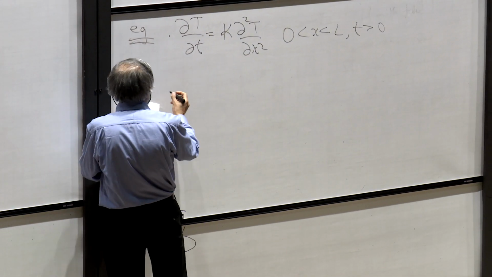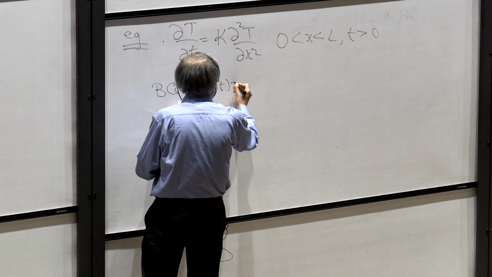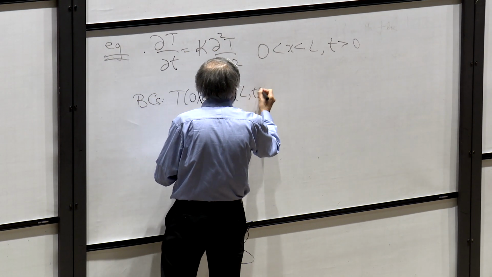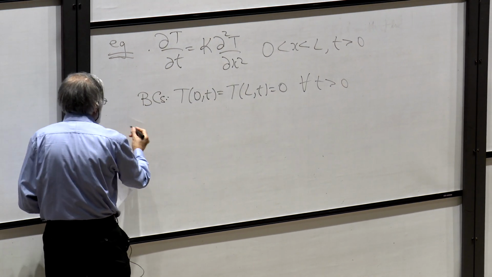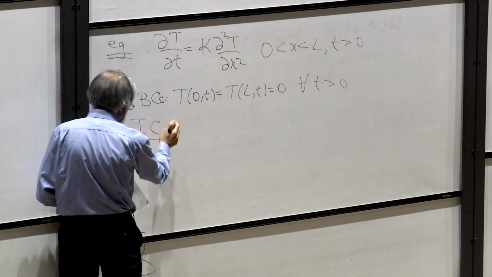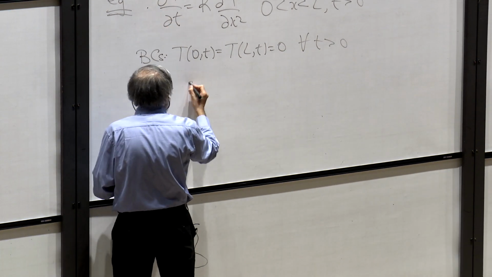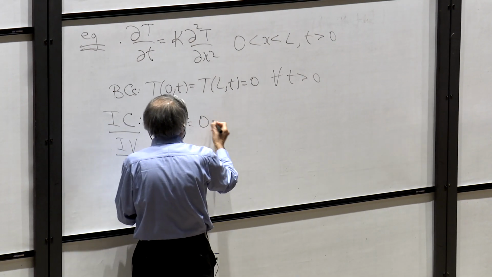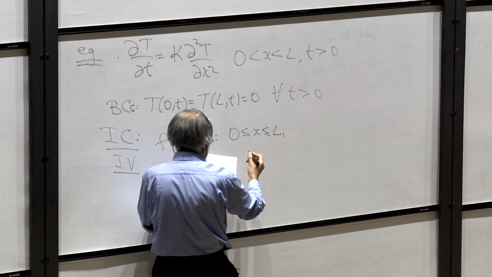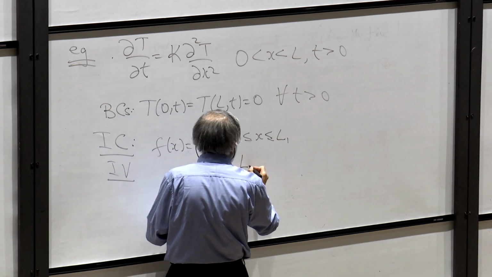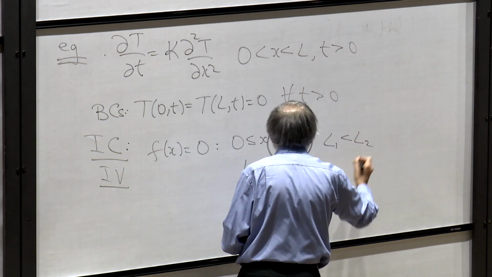We're going to have boundary conditions as before, homogeneous Dirichlet boundary conditions at 0 and L. And now our initial condition, or initial value, is going to be f of x equals 0 if 0 is less than x less than or equal to L1, and L2 less than or equal to x less than or equal to L, where L1 is less than L2.